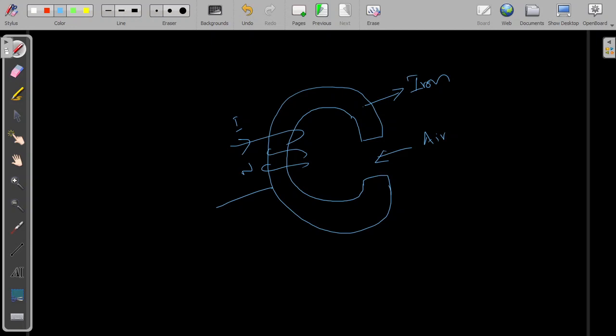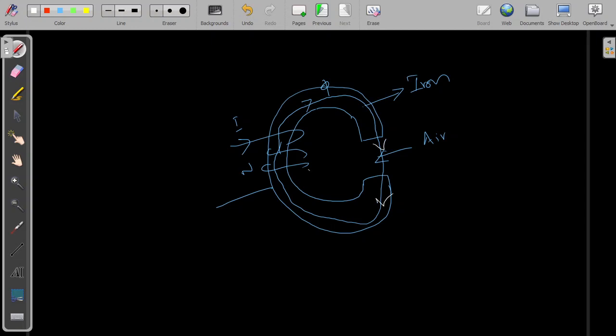So I have wound a coil like this. No doubt an MMF will be set up, and that MMF will drive a flux phi like this. There will be many lines actually, but I'm taking only one line, flowing like this.